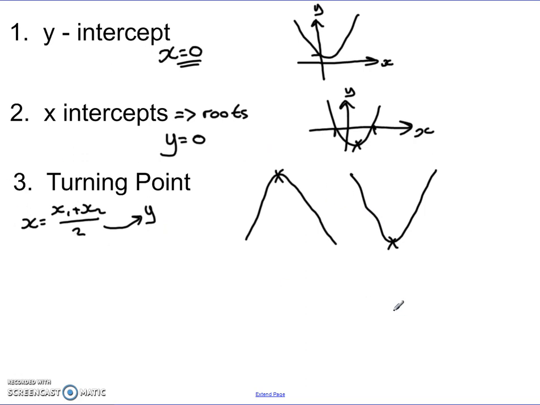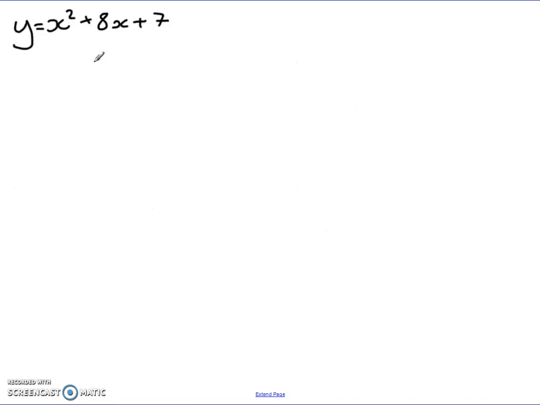Now, the best way to illustrate all of these points in action is with a couple of examples. So here we go. Let's imagine I give you y equals x squared plus 8x plus 7, and I want you to sketch that graph. Well, first thing we have to do is get our three key bits of information. The first was our y-intercept, and to do this, we have to remember that x equals 0.